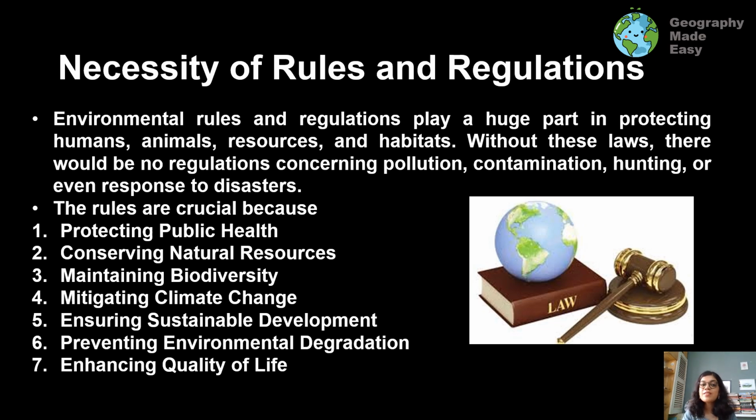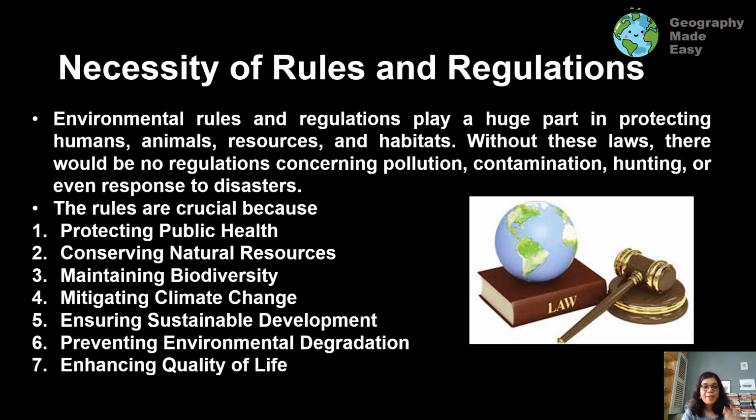Without these laws, it becomes difficult. If there are no regulations, certain things go unnoticed, and things like poaching, pollution, felling of trees grow unchecked. So it is very important to have a set of rules and regulations which define exactly what comes under the Environmental Protection Acts.